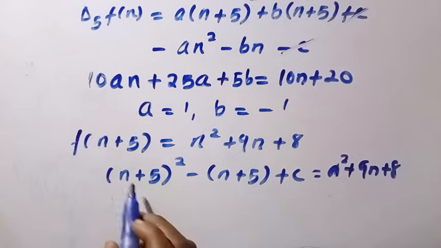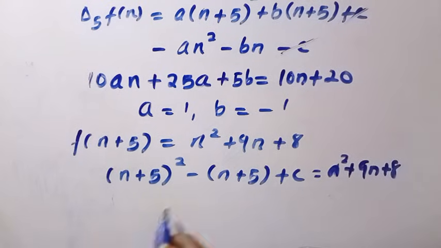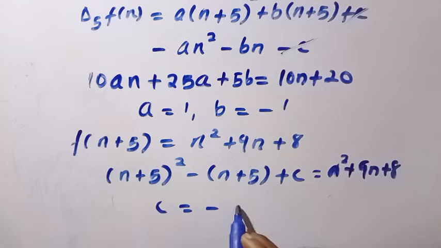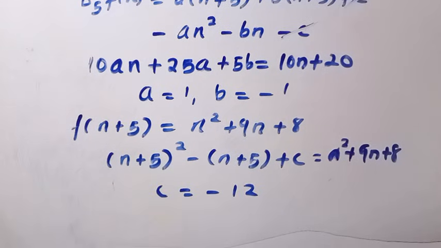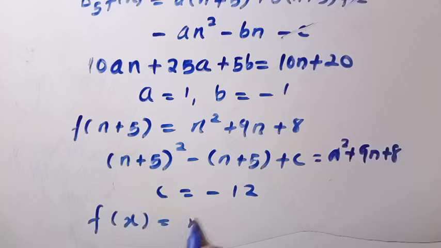When we expand this side and that side, we are going to have c equals minus 12. Therefore, f of x equals x squared minus x minus 12. This is how to solve this.